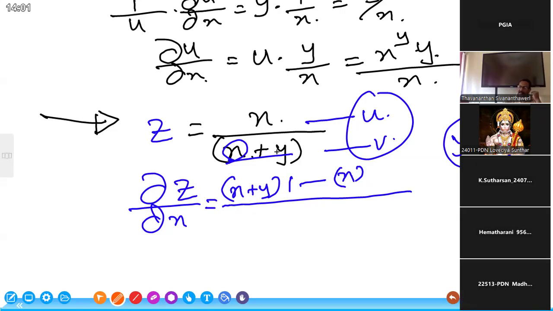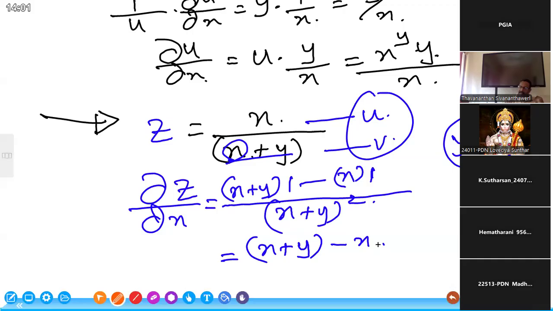So here 1, divided by v squared, that is x plus y squared. So you can rewrite it as x plus y minus x, whole thing divided by x plus y, whole thing squared.